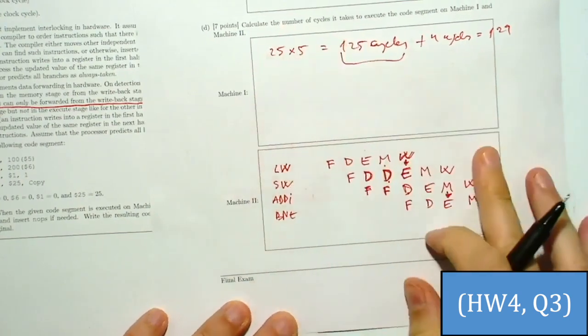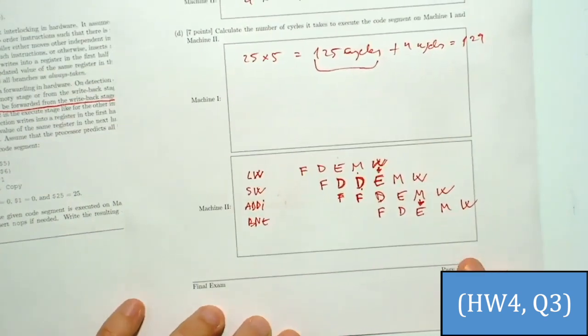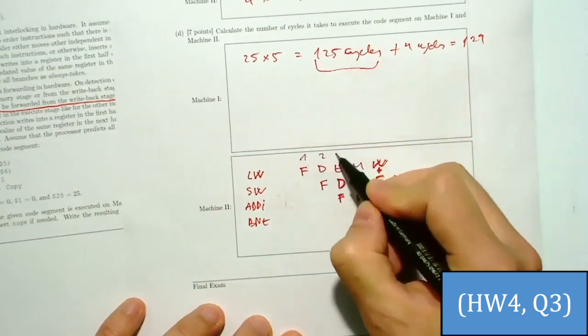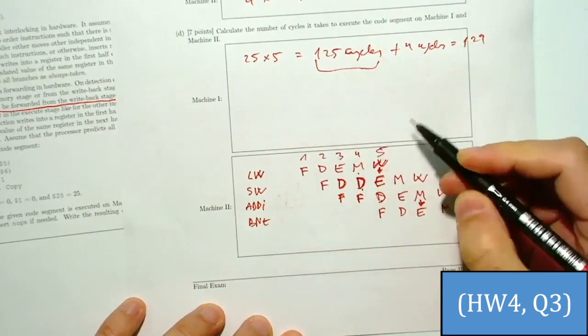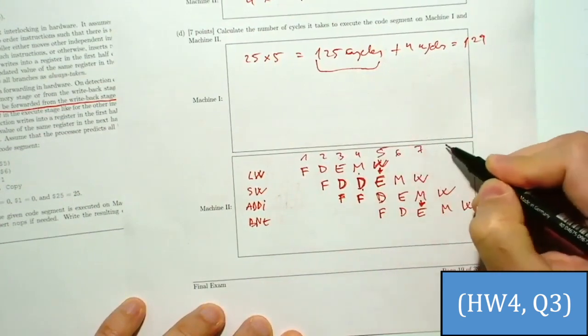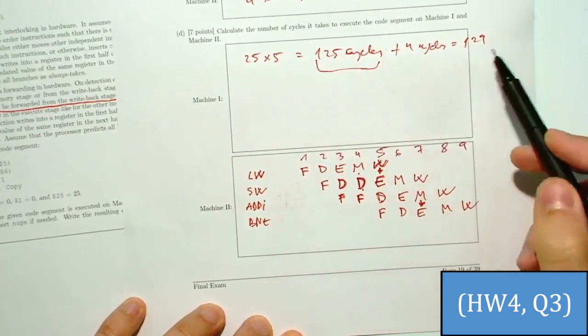So the question is asking for the number of cycles. We have 1, 2, 3, 4, 5, 6, 7, 8, 9 cycles.